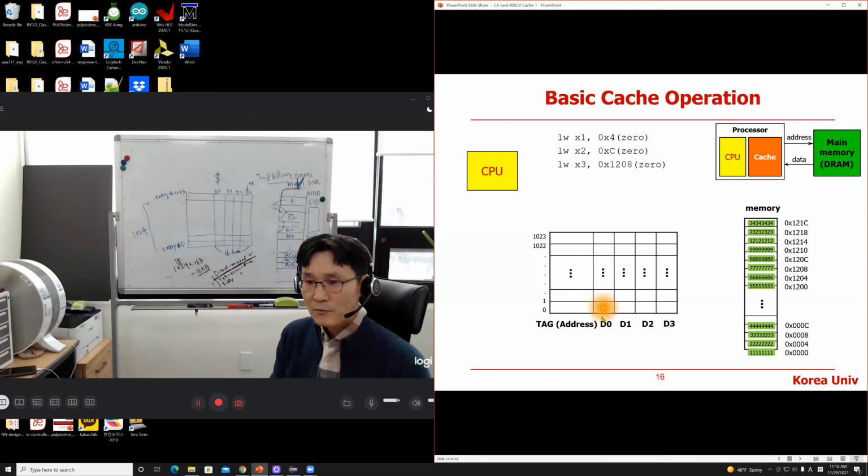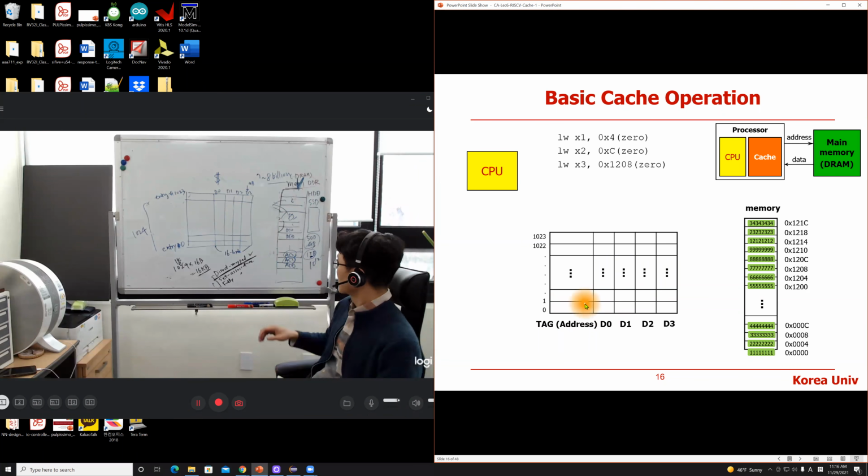So 4 words, right? Each one 4 byte. And you have also tag information, tag field, tag. Why do you need tag? It is used to store address information. What address?